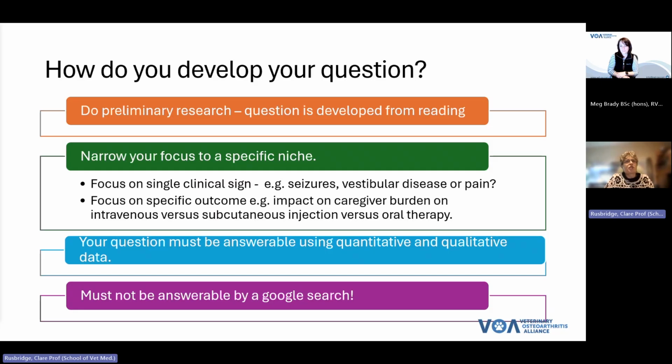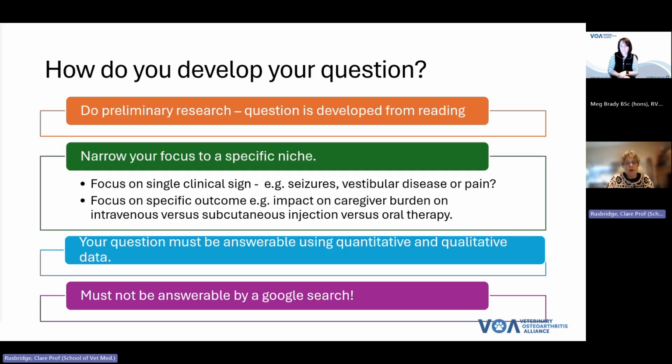Narrow your focus to a specific niche. So I've put in some neurology examples there, but you could say elbow disease and early neutering, or hip dysplasia and letting them off the lead early. Focus on a specific outcome.